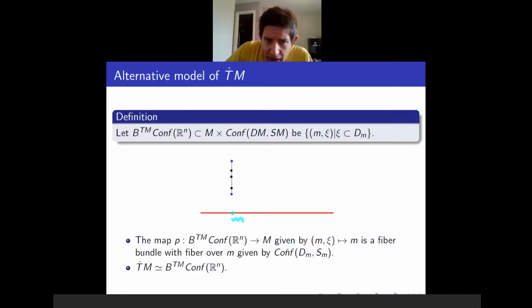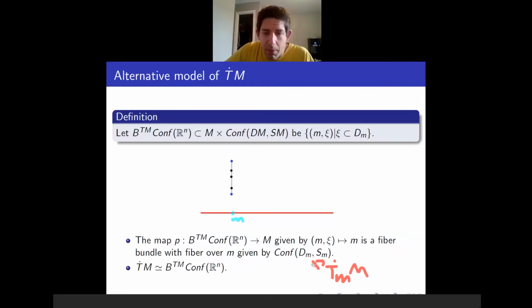And then the next observation is that the fiber-wise one-point compactification of the tangent bundle is homotopy equivalent, as bundles. You can do this in a way that respects the projection map to M. Both of these are homotopy equivalent to spheres.